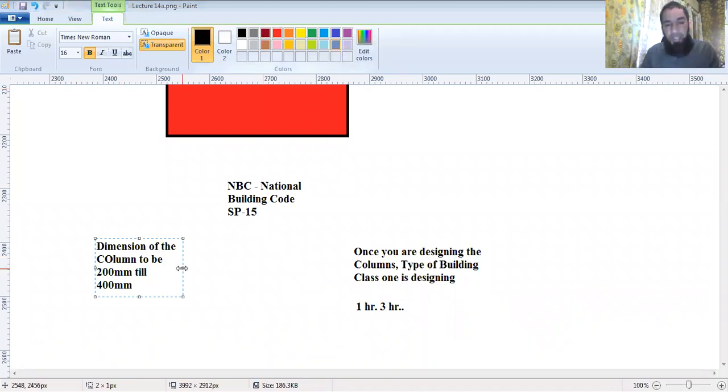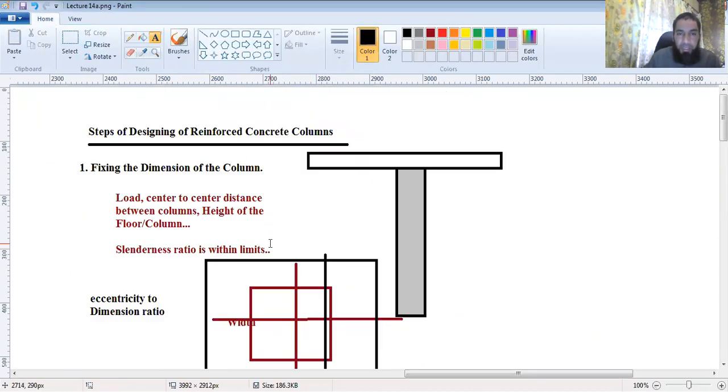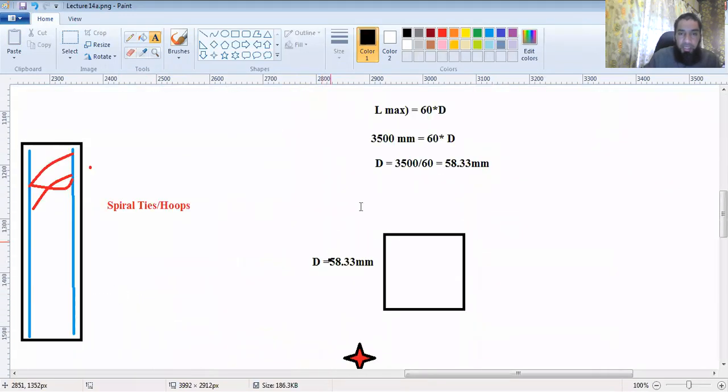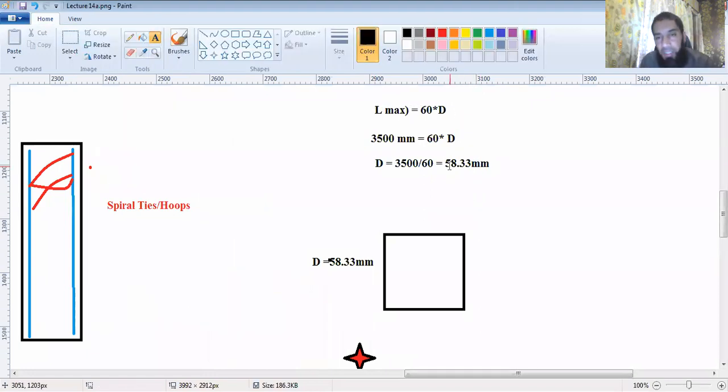We are taking that. So this tells you, now there are two things. First, we decided based on the formula given by the code, L max is equal to 60D.